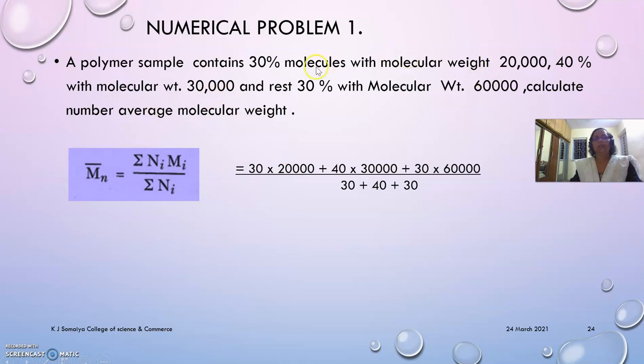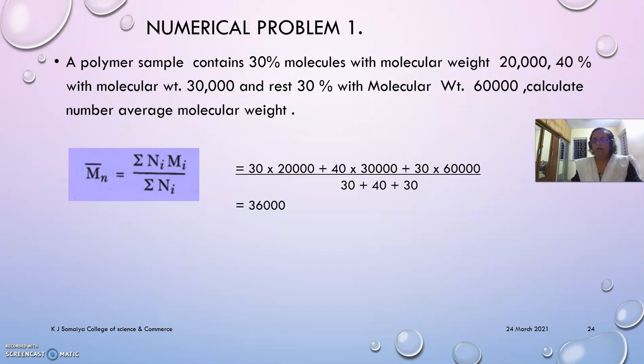That means 30% plus 40% plus 30%, that is total 100. If you compute this, you will get the answer as 36,000. So this is the number average molecular weight of this given polymer.